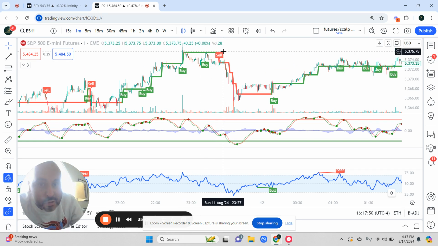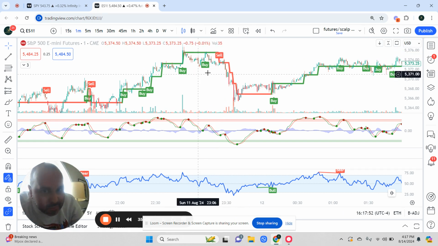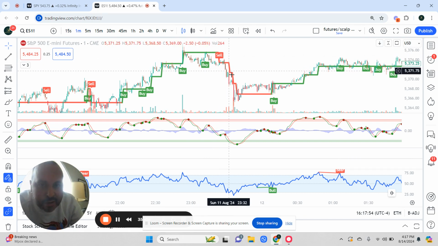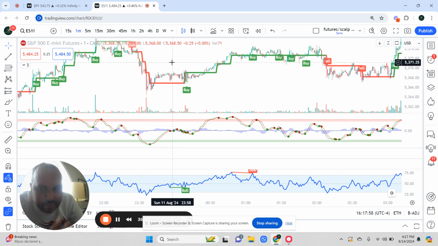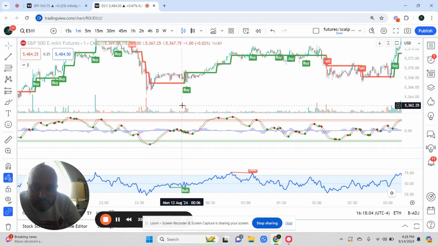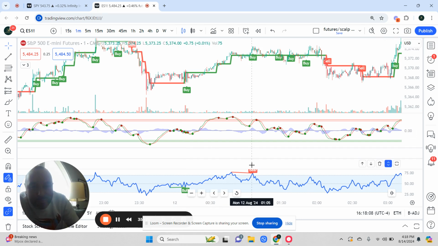As soon as we get that sell signal, though, boom, we're in business, right? And you can ride that short down. So that's why I like having my indicator, the infinity indicator, as a primary indicator, and then one or two or multiple, whatever floats your boat, as secondary indicators.